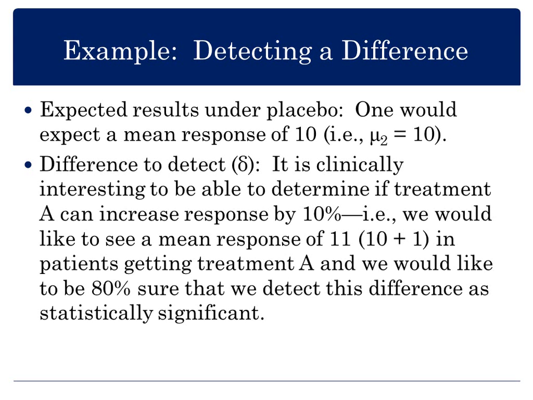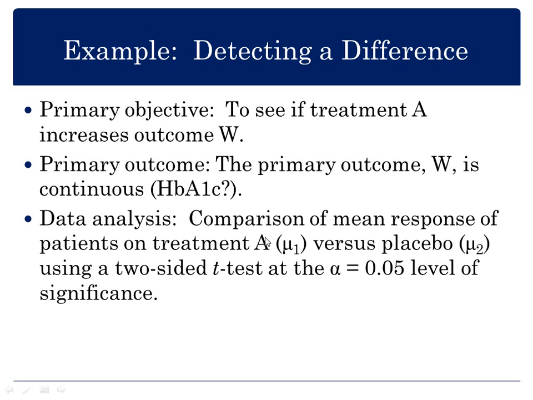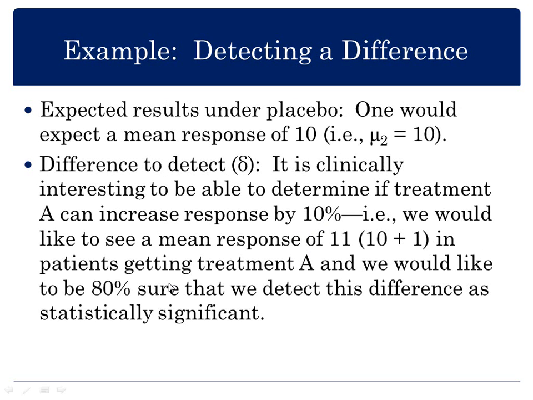How many subjects do I need to find that difference? So if I increase that response by 10%, 10% of 10 is just 1. This is a very simple example. So 11 is what I would expect for mu1, and anything more than 11 I will automatically be powered for, because that'll be a bigger signal, an even bigger signal.